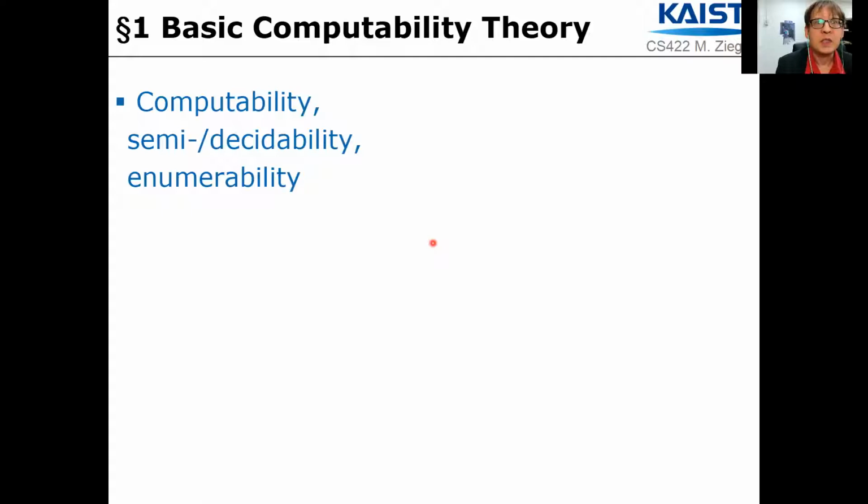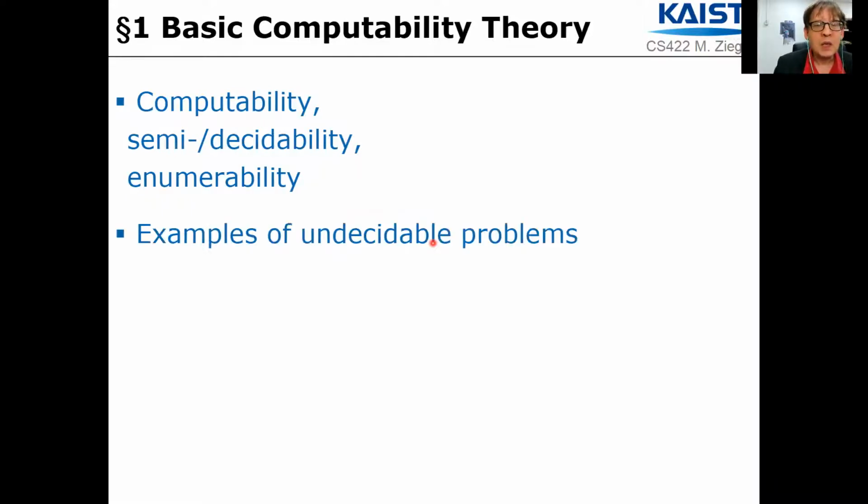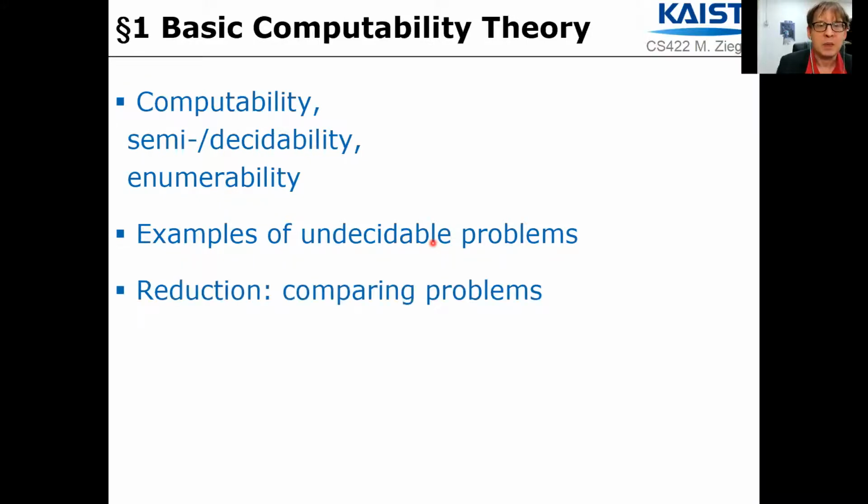And we will proceed to compare these notions and their relations. Then we will see more examples of undecidable problems beyond the halting problem, and we will start to classify the undecidable problems by using a concept called reduction.